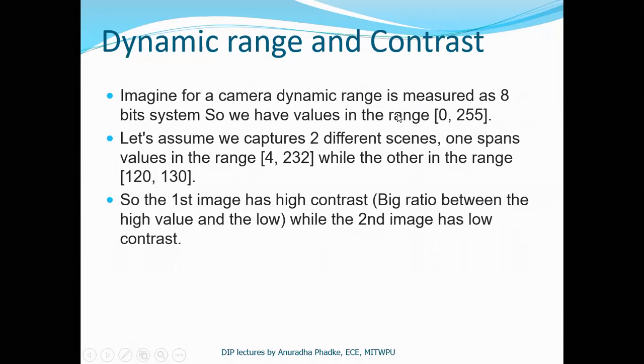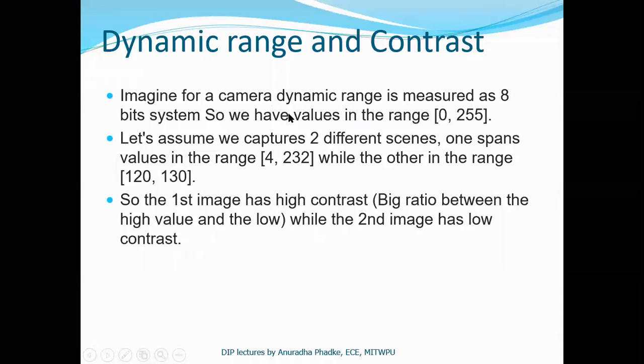Using this camera, say we are capturing two different scenes. In one scene you have captured a range between 4 to 232, and in the other scene the pixel value range is from 120 to 130.